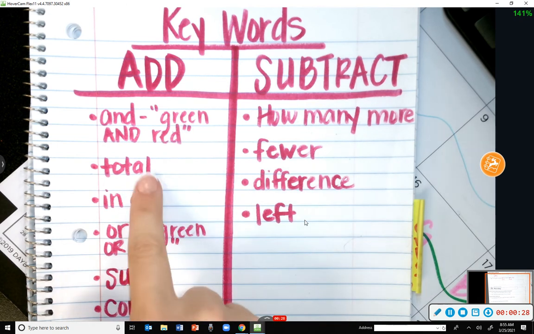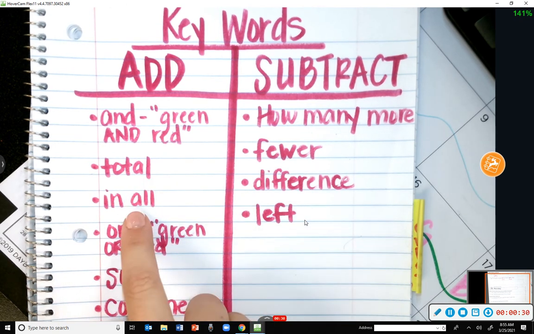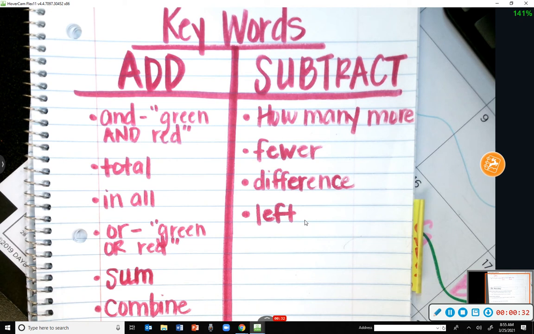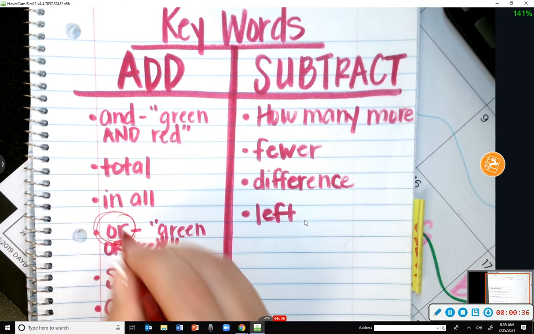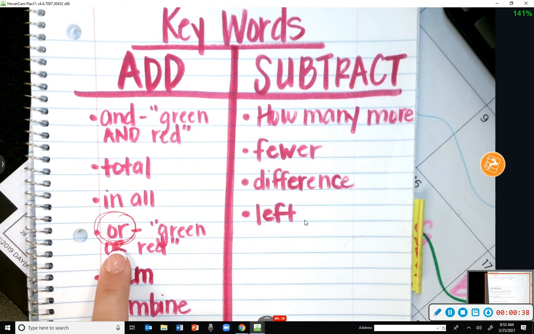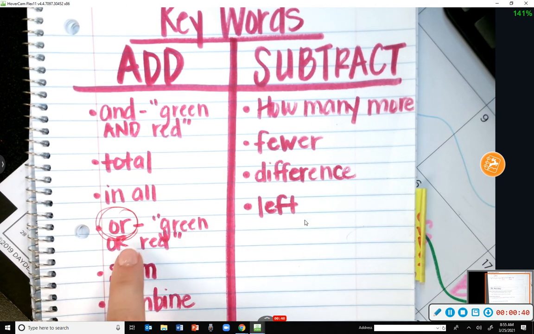Okay, if it says total, we add. In all, or, so this is the main one that we're probably not used to seeing, but they do it a lot with graph problems. If they say green or red, then usually you're going to have to add those two, okay?